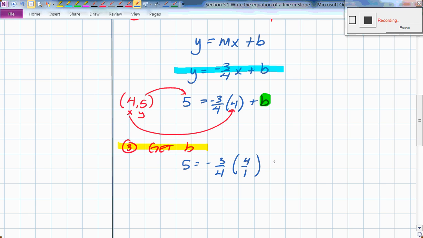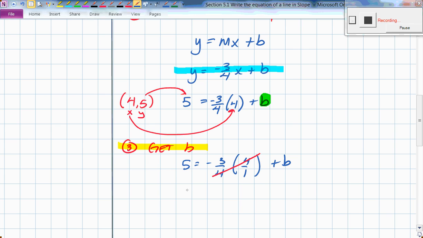Don't forget to put that over 1, plus B. Okay, 3/4 times 4 over 1. How much is that? It's 3, but in our case we have a negative 3/4. So what's a negative 3/4 times 4? Yes. Everyone realizes that you are allowed to cross out the 4's because they produce a 1 when you divide them, right? And you're left with a negative 3.